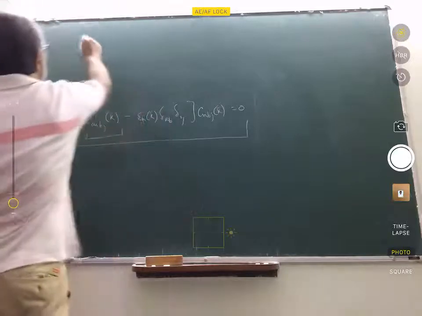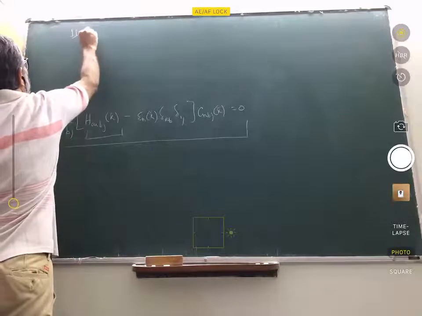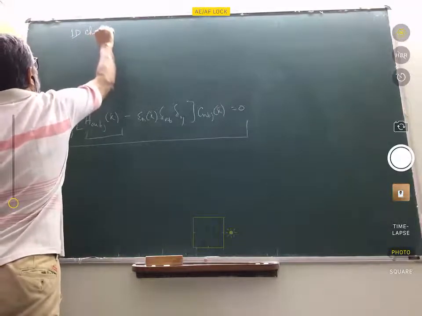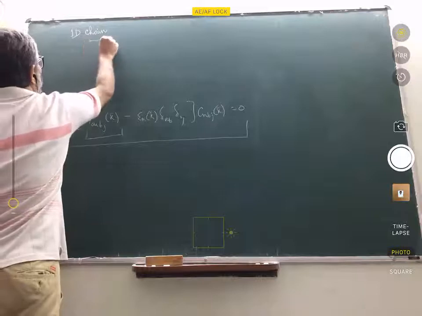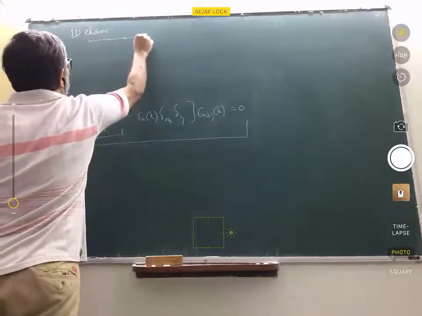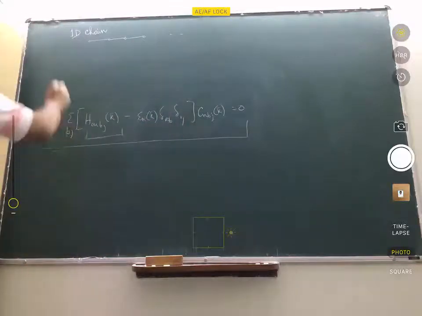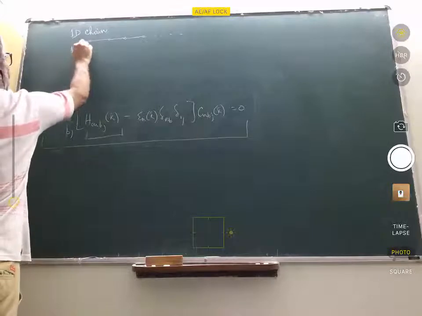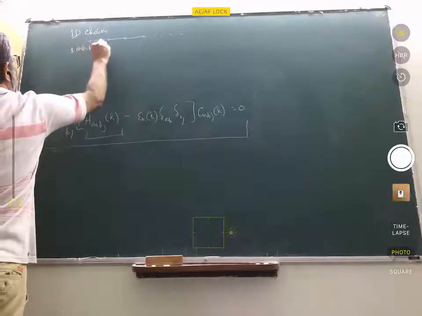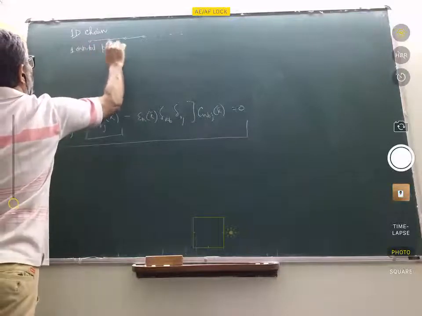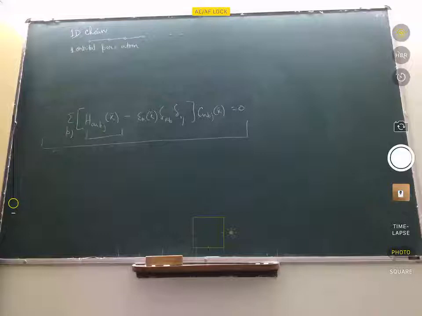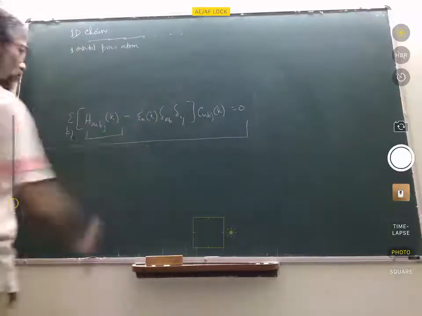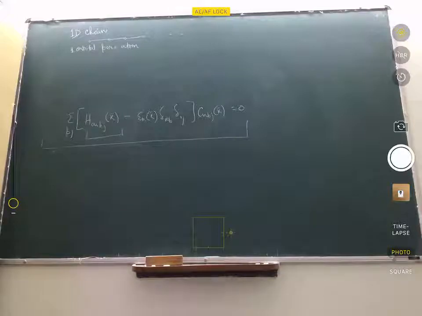Now let us take a simple case where I have a 1D chain, and I want to use this in order to get an expression for the energy. So I have one orbital per atom.